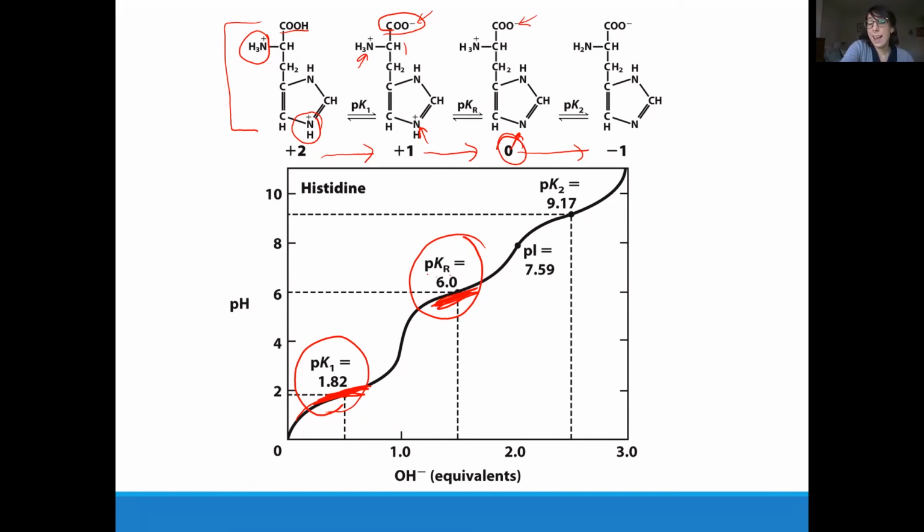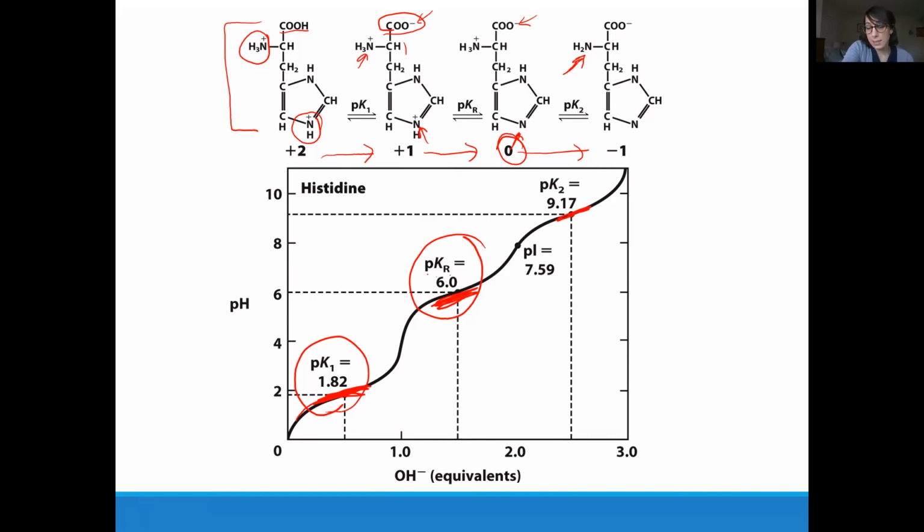And the last pKa for this molecule is very high. It's at a pKa of 9.17. So around a pH of 9.17, we will lose that final hydrogen on the amino group of the amino acid.